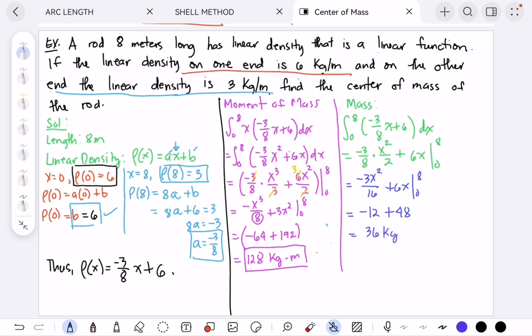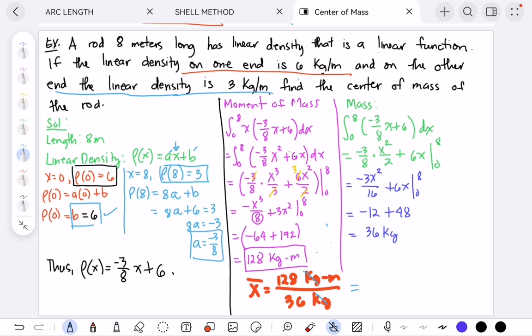And finally, the center of mass is equal to the moment of mass divided by the mass, which is 36 kilograms. So therefore, how much do we get?